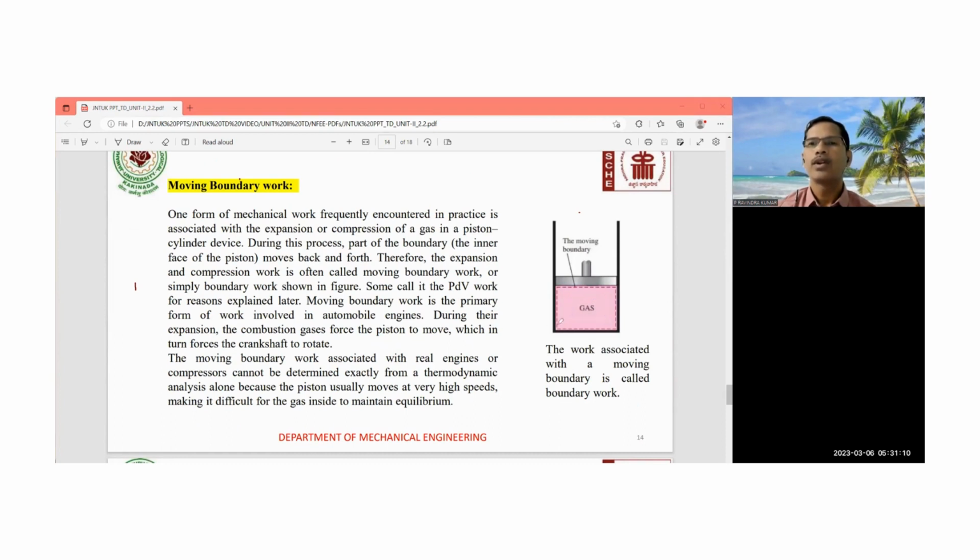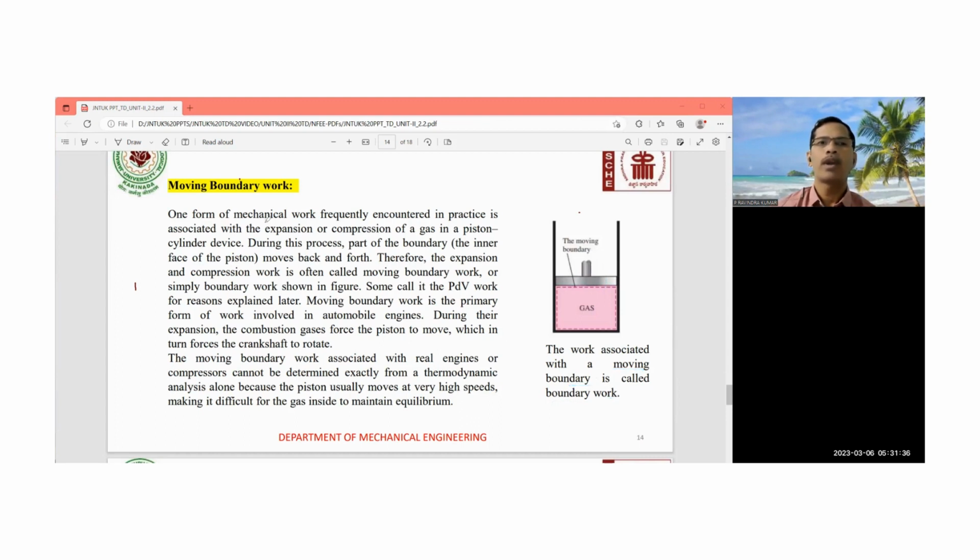When you give the heat input, the gas gets heated up and expands, and the piston moves up. The work associated with a moving boundary is called the boundary work.